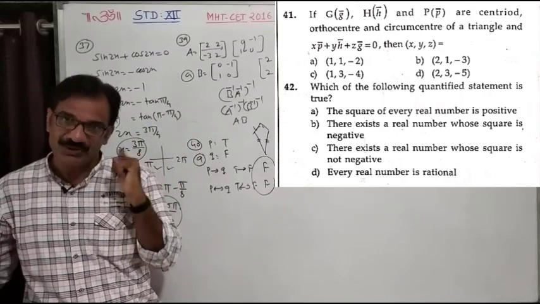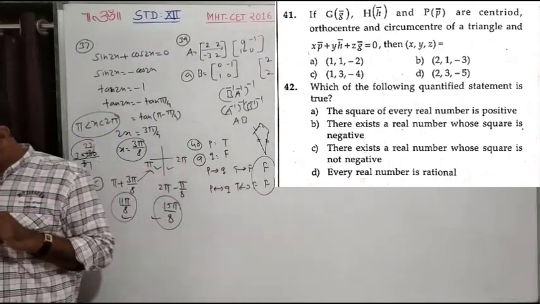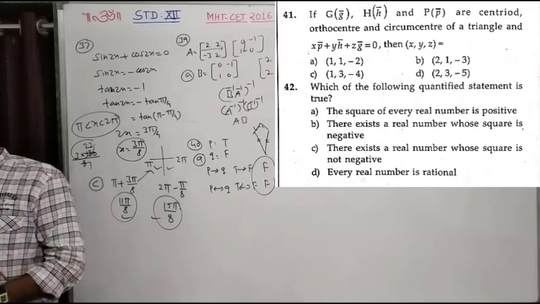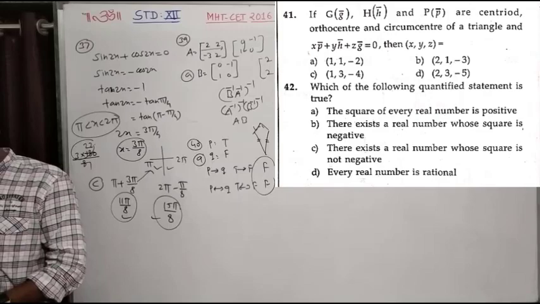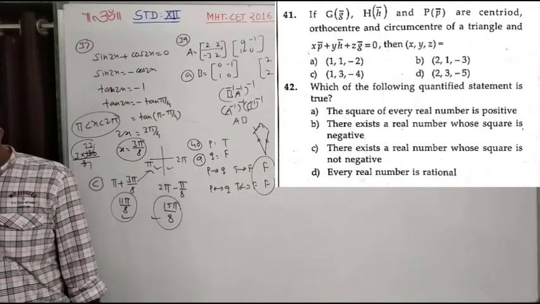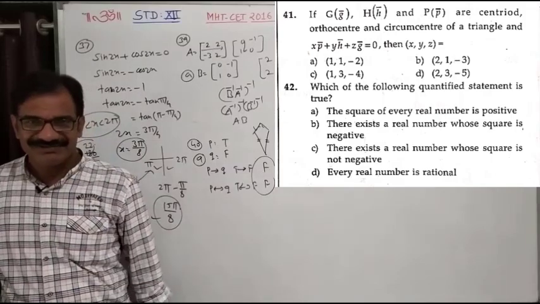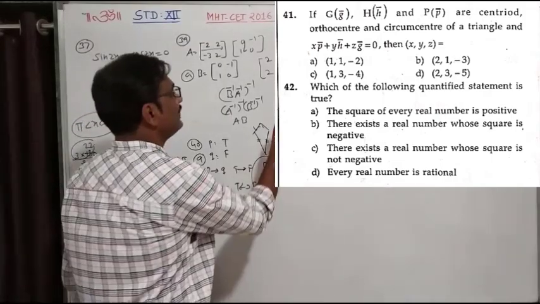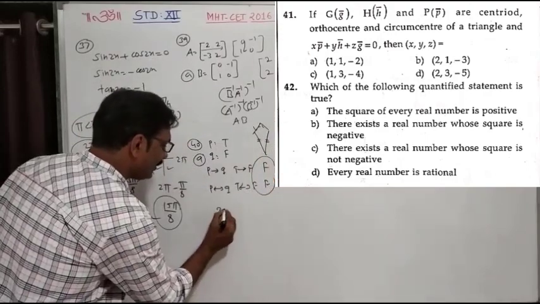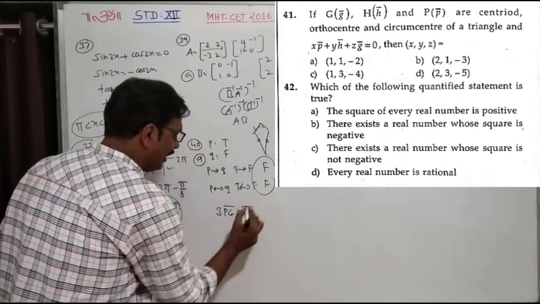So by using that 2:1, guess the answer. That is a property. If you want to solve that, your answer is like this. 3 PG bar equal to PH bar.